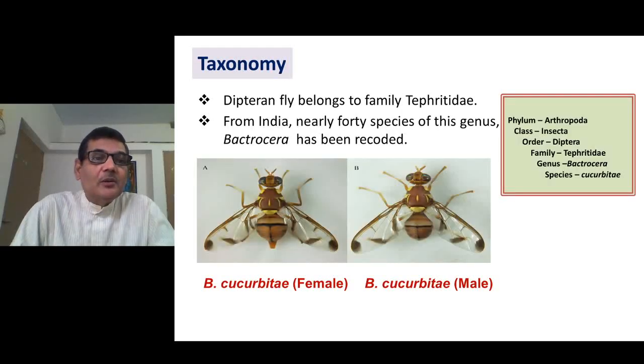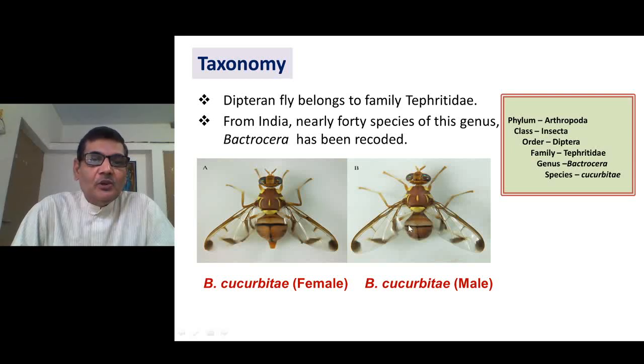If you see the morphology of the insect fly, you will find that the two sexes, males and females, are separate sexes. It means it is a dioecious species, and there is distinct sexual dimorphism.